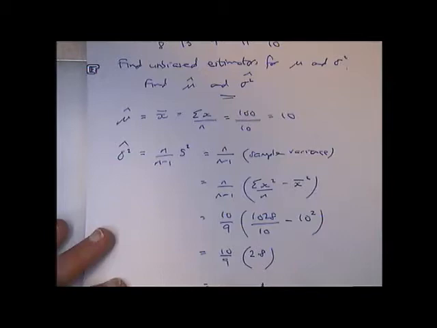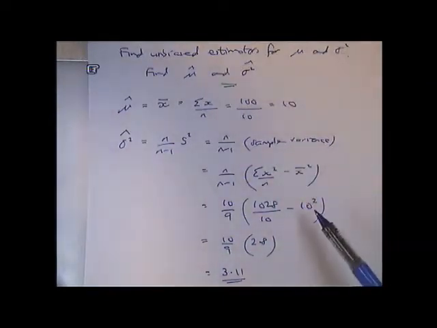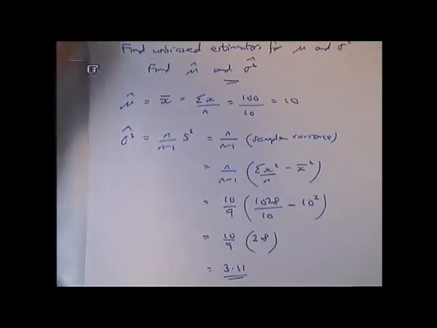If somebody can tell me that. 3.11, yes. So we had our sample, our sample variance was 2.8. We apply this fiddle factor, and this 3.11 is our unbiased estimator for the unknown population variance.